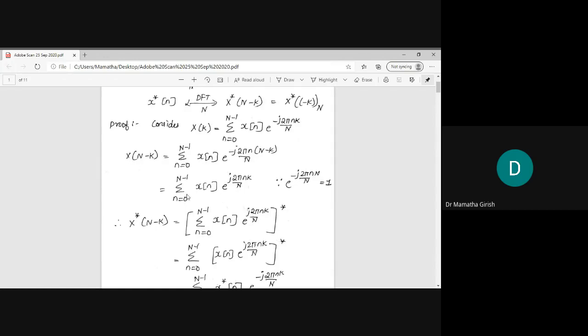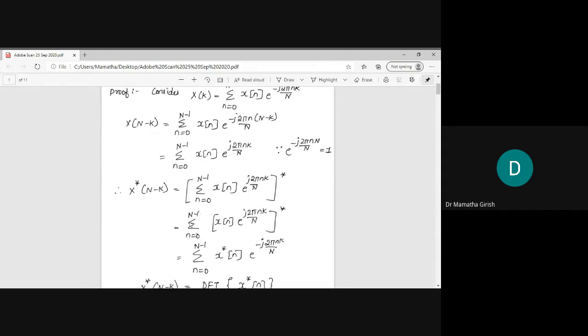For the above equation, I consider its complex conjugate form. Accordingly, X conjugate of N minus k will be what? The complex conjugate of the whole of the RHS. Pulling the summation outside, the conjugate is applied only to the terms within the bracket.